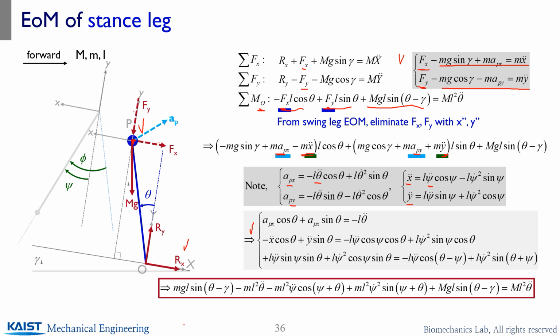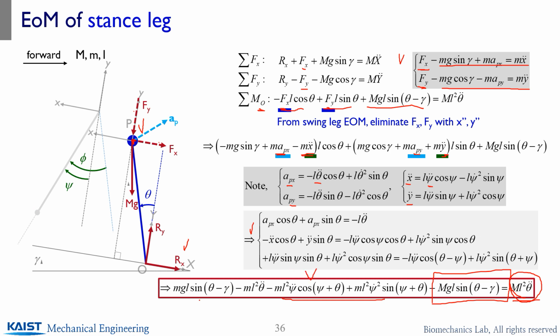Looks a little bit complicated, but the components are pretty intuitive. This is the angular acceleration term, the I theta double dot term. And this mg sine theta term is going to be what? The typical inverted pendulum actuation torque. And those are the centripetal force and acceleration terms for the swing leg rotational motion effect.